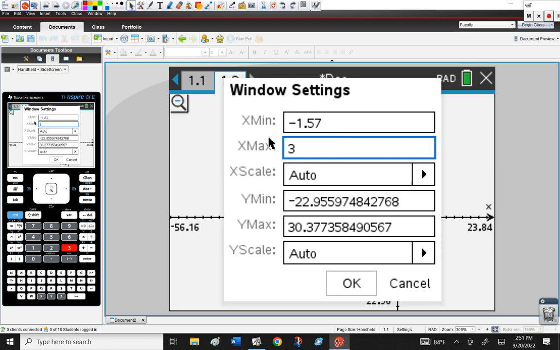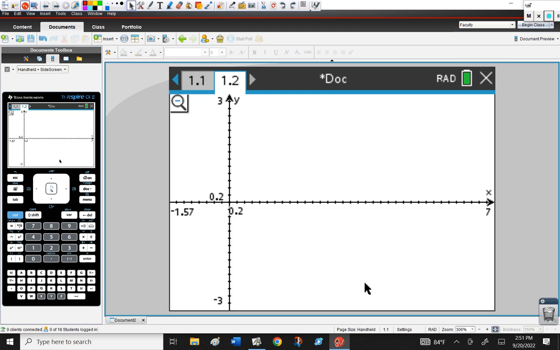No, it's 7. And auto scale this y value, I'm going to make it negative 3, and this will be positive 3. And hit OK.